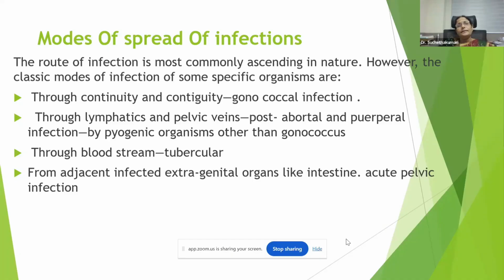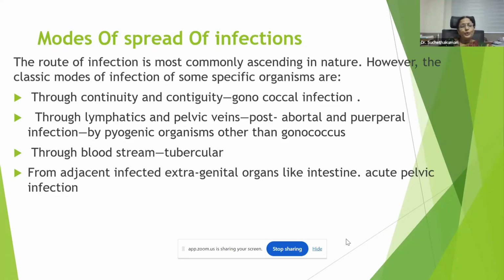That is, it starts from the vulva, gains access into the vagina, and then enters the uterus. Apart from this, the infection can also spread through continuity and contiguity, as in gonococcal infection.